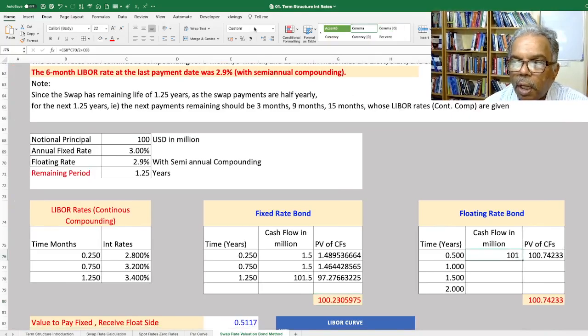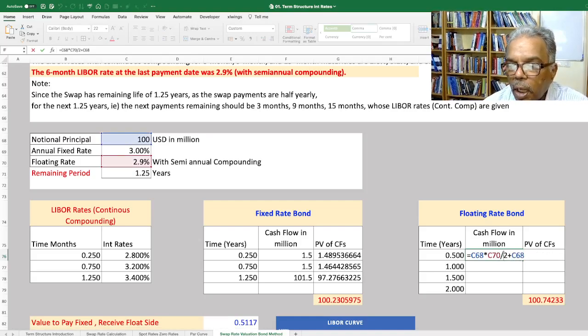For the floating rate coupon bond, we only take the LIBOR payment using the previous LIBOR rate, plus the principal, then we discount using the continuous LIBOR rate for the 0.25 period, that is, the third month.